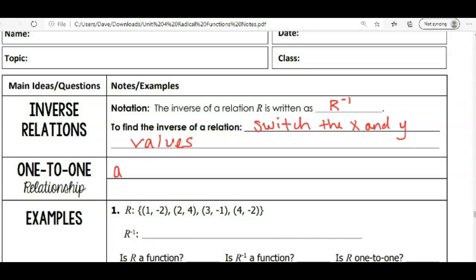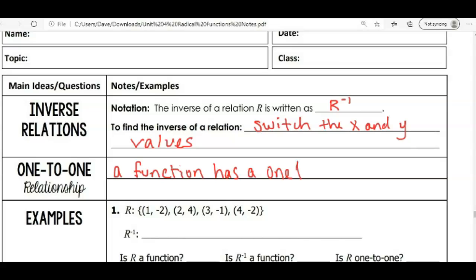Those are inverse relationships. So in general, we're interested in, is the initial relationship a function? We're also interested in if the inverse is a function as well. So if that's true for both of these, we refer to this as a one-to-one relationship.